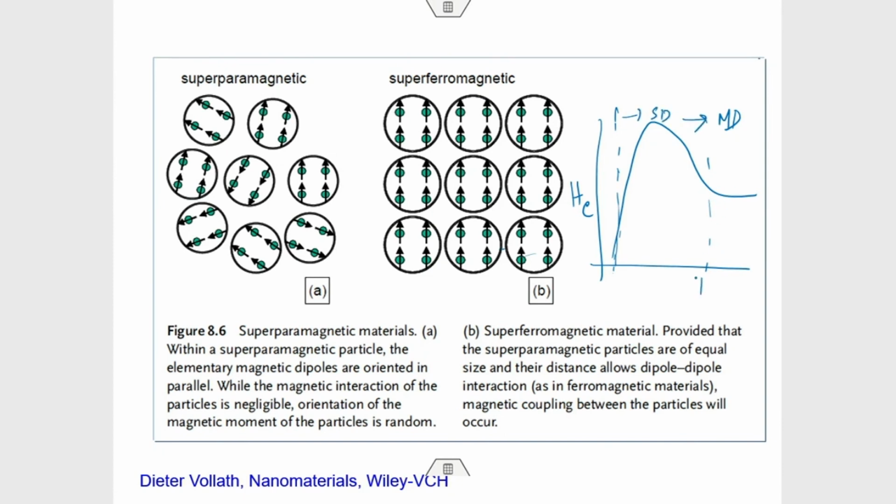And this is therefore D critical, below which the coercivity increases rapidly, and this is the single domain particle itself, all the spins aligned, and this is D superparamagnetism, below which this situation will happen. Figure 8.6 from Dieter Bolle's book.